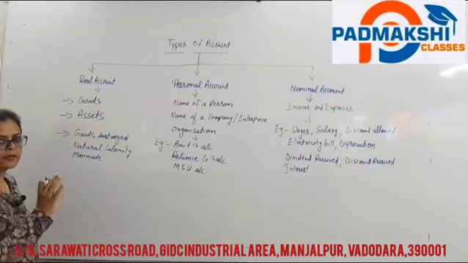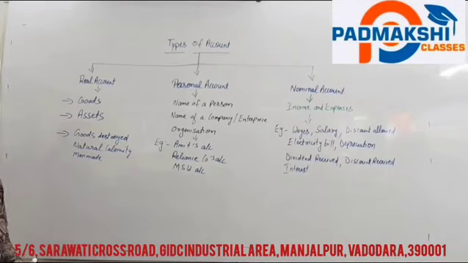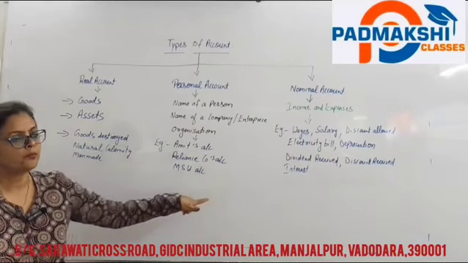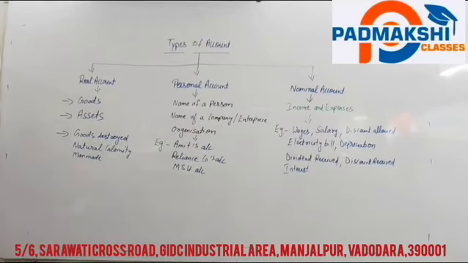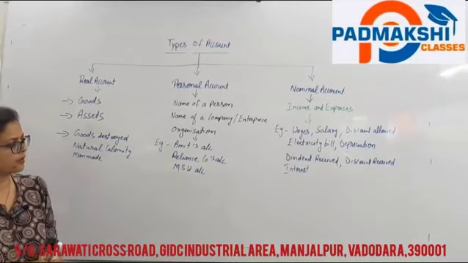Assets, fixed, current, tangible, intangible, all four types of assets come under this category. So this is in total your three types of accounts which have to be understood very nicely if you want to go ahead smoothly in your accounts subject.